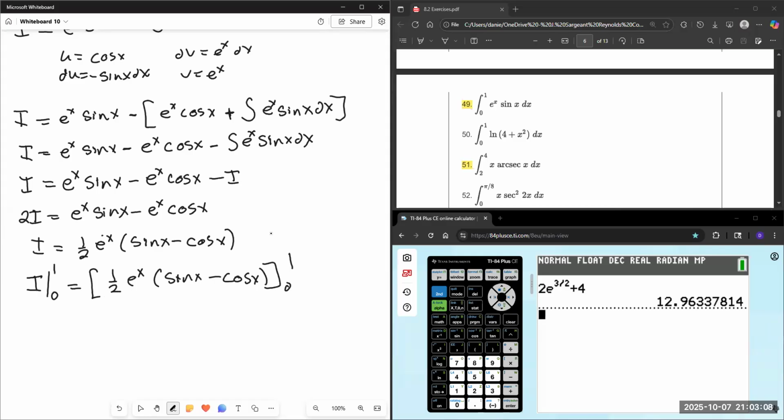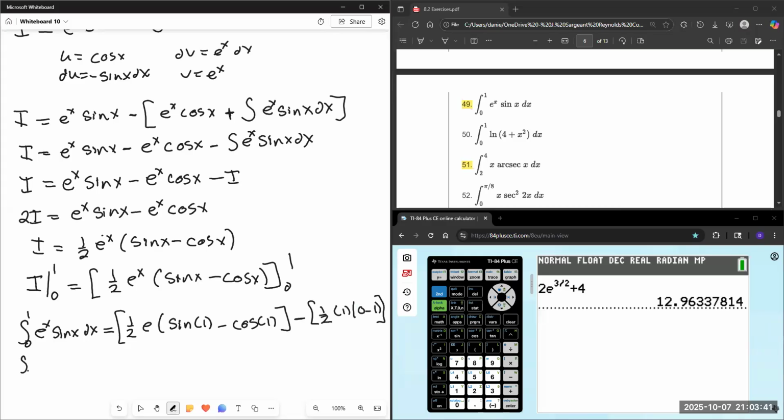So that's going to be the integral from 0 to 1 of e to the x sine x dx is equal to 1/2 e times sine of 1 minus cosine of 1, minus 1/2 times 1 times 0 minus 1.